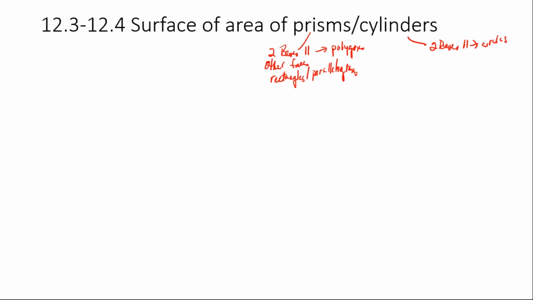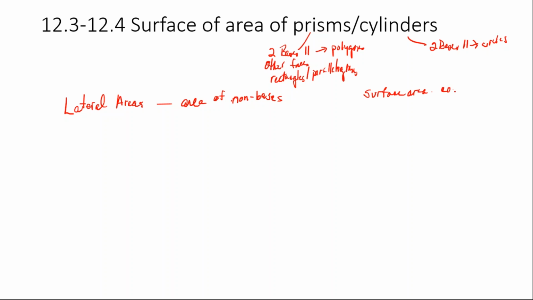Taking that, we really had two basic formulas. One, the lateral area, and that's the area of the rectangles. Rectangles are non-bases. I'll put it that way. Maybe that might be easier. Non-bases. And this, total surface area.